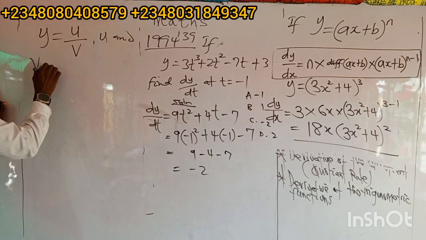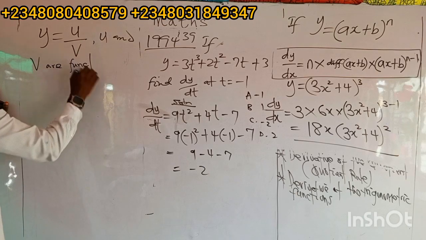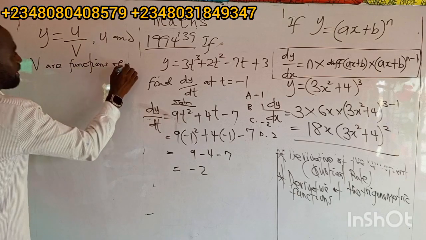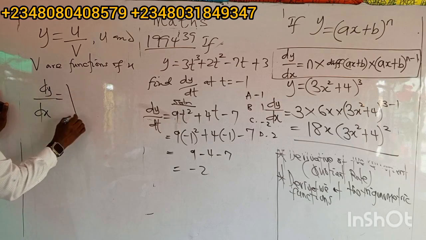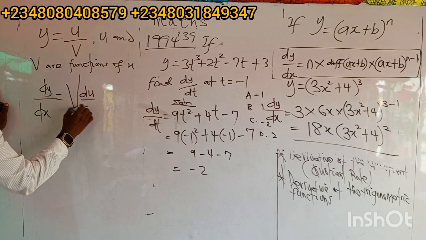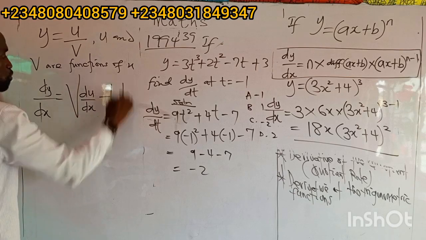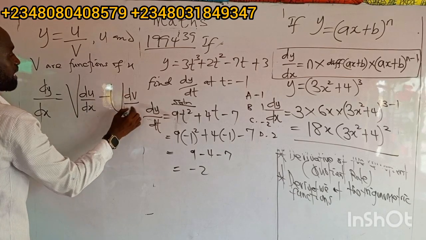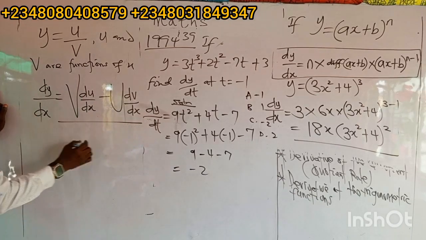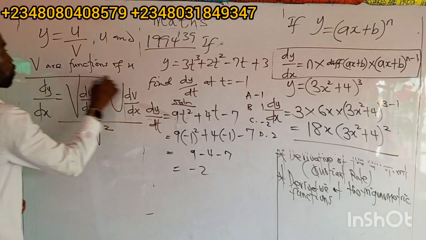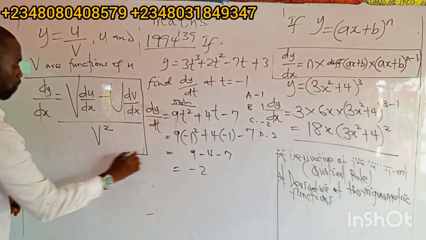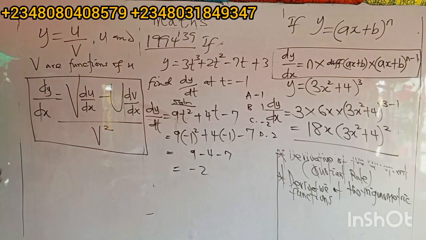Then our dy/dx equals v du/dx minus u dv/dx, all over v squared. This is the quotient rule.